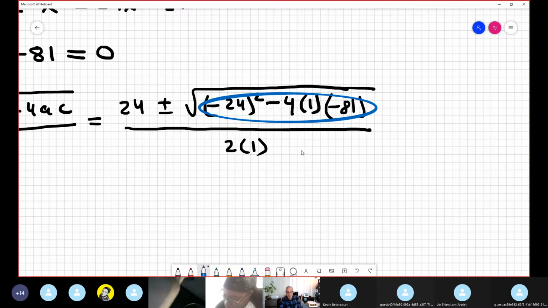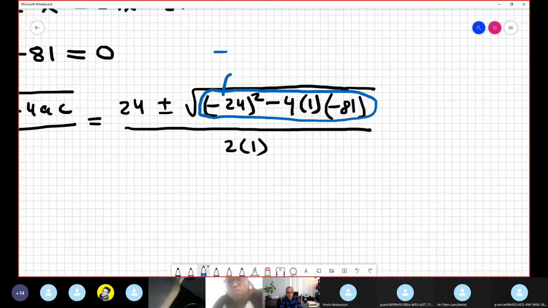Negative 24 squared is 576, because multiplying both negatives becomes positive. Super. Likewise, 4 times 1 gets 4, times 81. Help me, please.